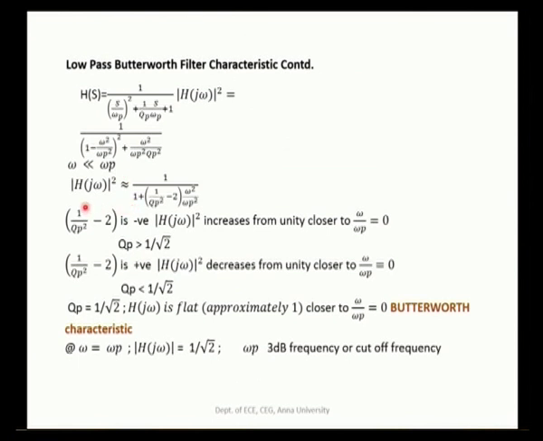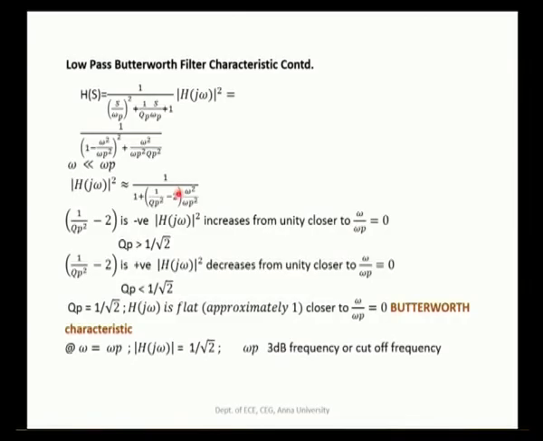Now, this is where we have come across |H(jω)| squared being this, in the pass band. This factor that we have is a constant here. If this constant is negative, and we increase ω from 0 within the pass band, this term becomes more negative as ω increases.